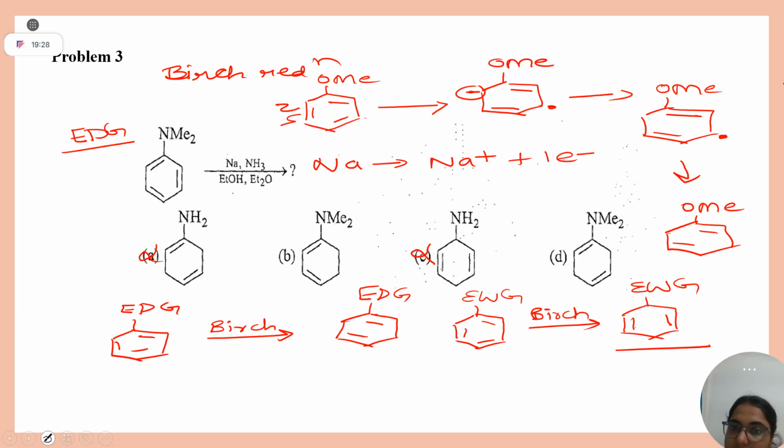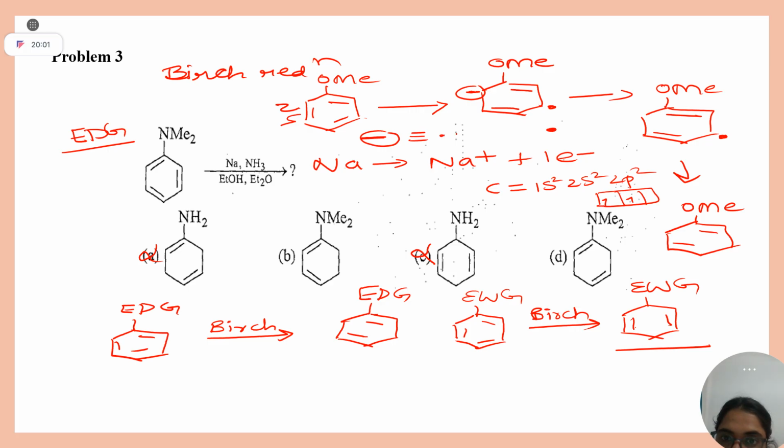Yes, ma'am. See, let me give you a more basic explanation for this. For example, carbon has the configuration 1s2, 2s2, 2p2. These are electrons, yes or no? Similarly, these electrons are actually radicals. For understanding purposes, I am explaining that one negative charge is equivalent to two radicals.